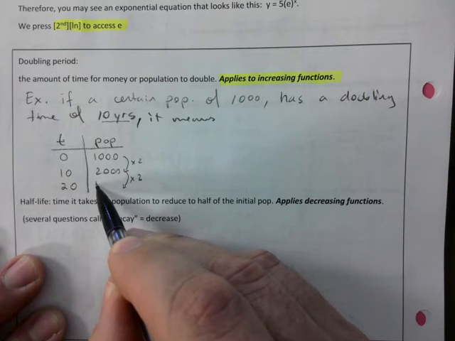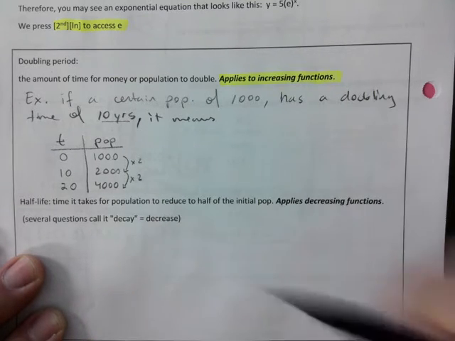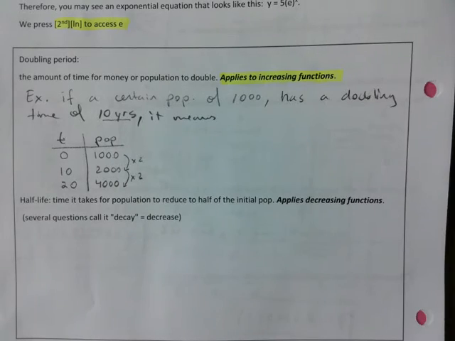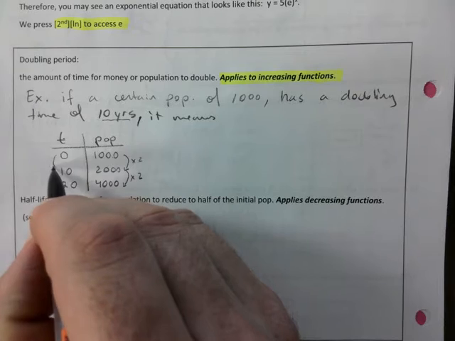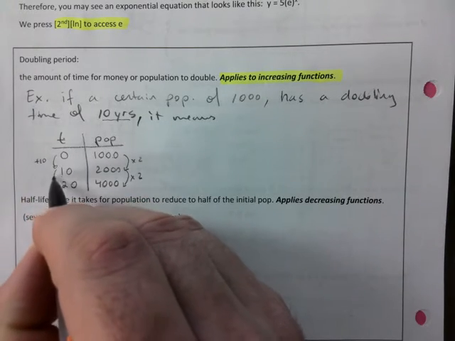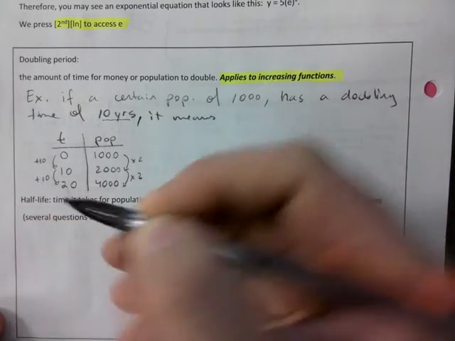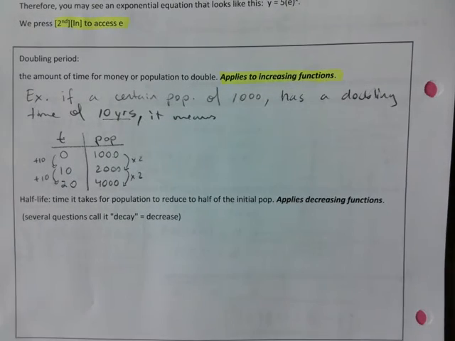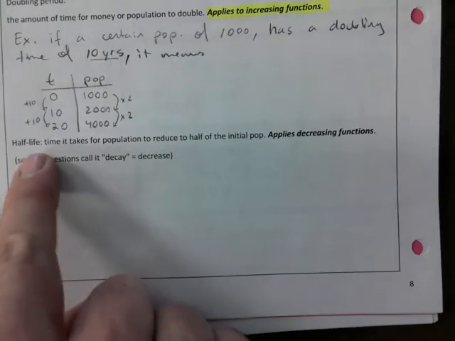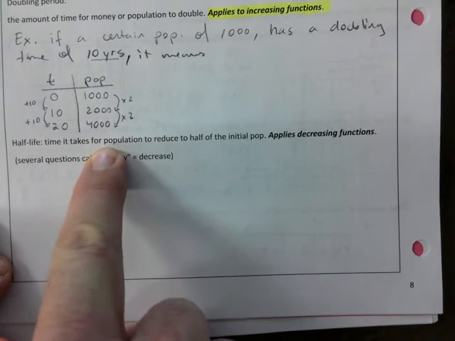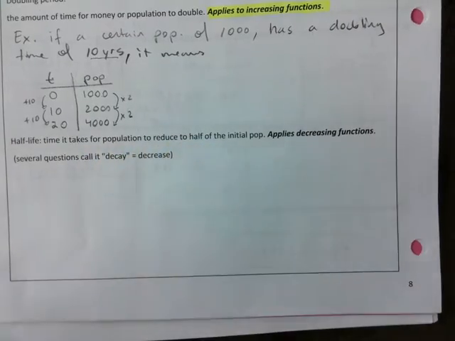So that would turn into 4,000. And that process would continue indefinitely, right? So after every 10 years, watch this, on this side, we're just going to go plus 10, plus, not times, plus 10, plus 10, okay? And we're going to come up with a table and be able to use regressions to come up with the equation, okay?